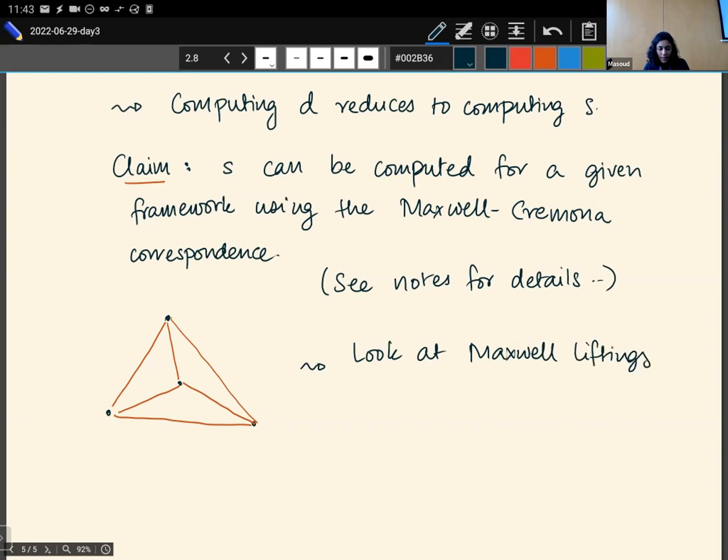Let me focus on a triangulation or a pseudo triangulation, just to make my life a bit easier so that I don't have dangling edges.